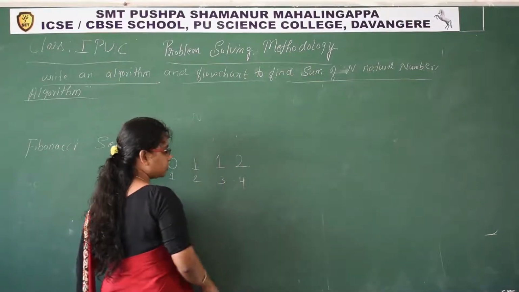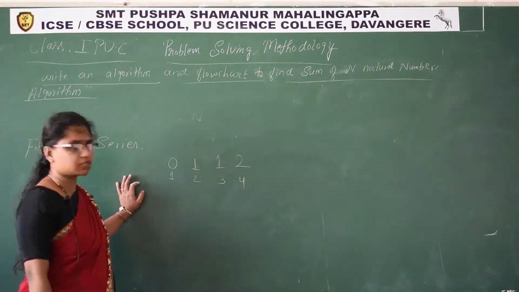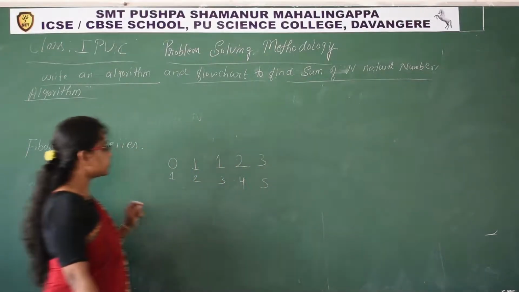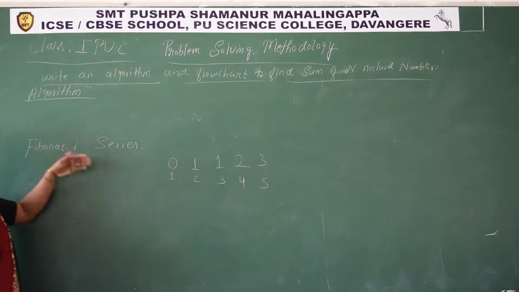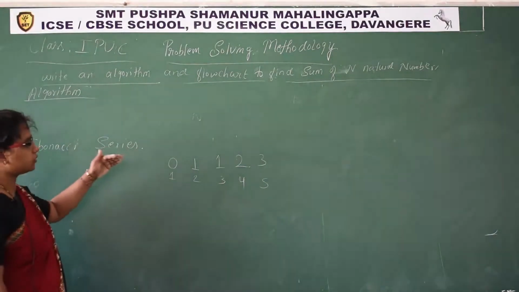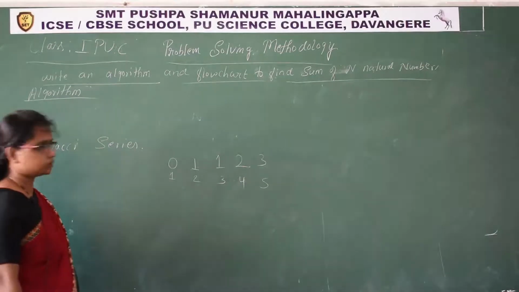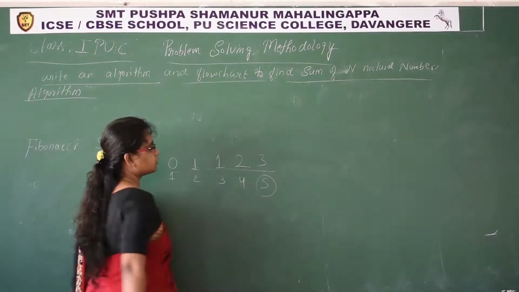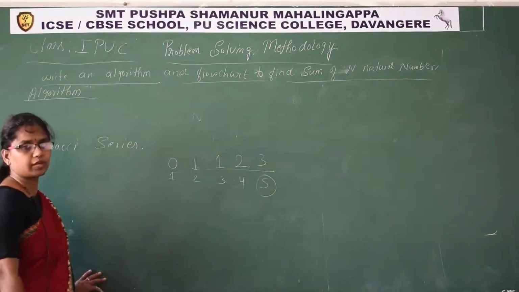This is the fourth number in the Fibonacci series and the fifth one is 3. So suppose the problem statement is to generate a Fibonacci series up to n value. If n value is 5, it has to generate a series like this, 0 1 1 2 3.